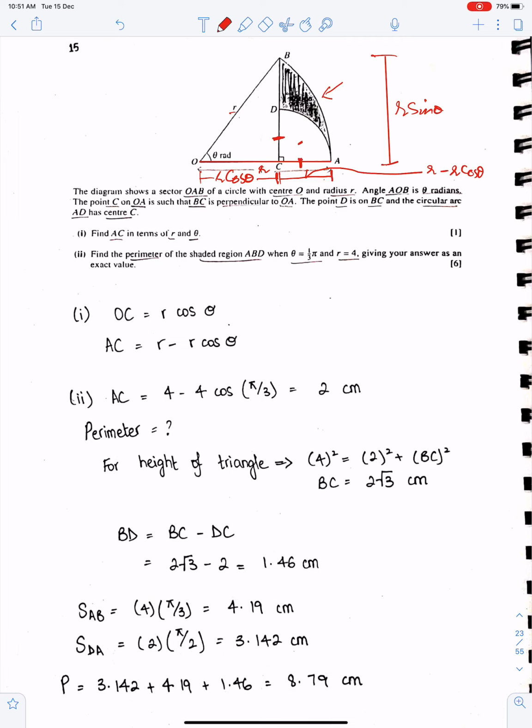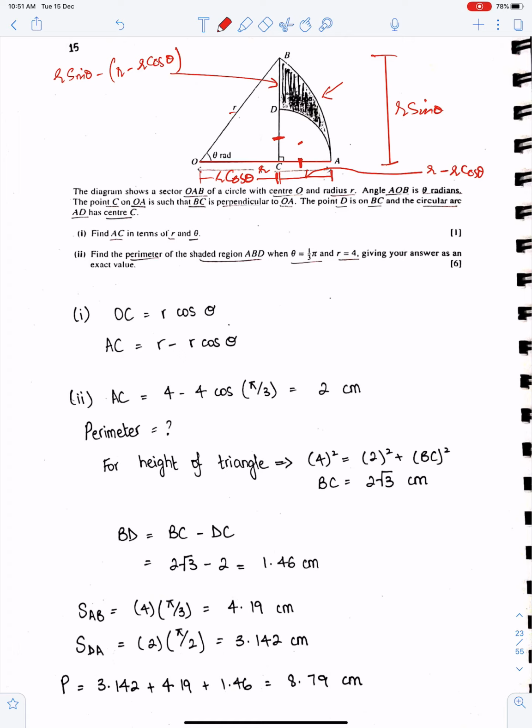So this length must be r sine theta minus r cos theta. Make sure you understand the diagram carefully. You should observe the diagram carefully and write everything carefully, all the lengths.